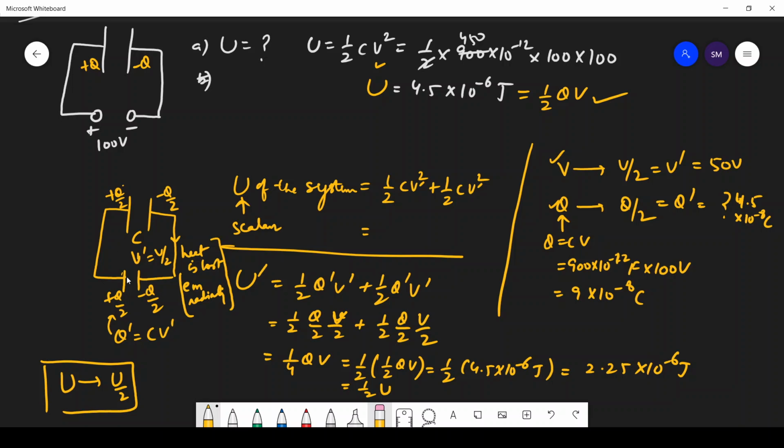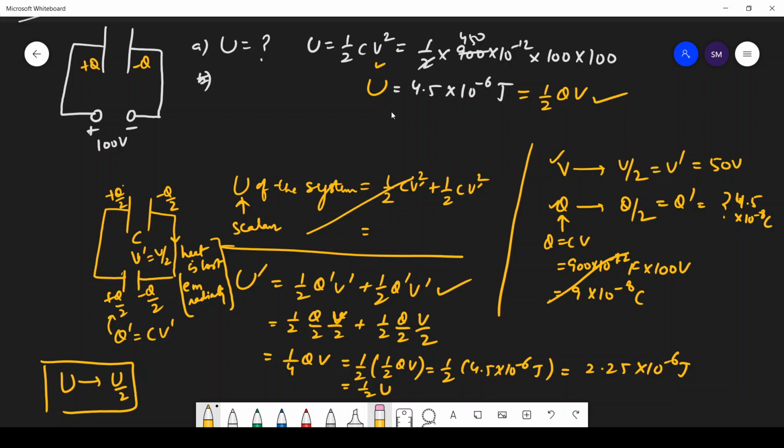So don't think that I have stored the energy in this capacitor, and now let me store half the energy in both the capacitors. No, the energy remaining here is 1 by 4 of the total and 1 by 4 of the total. So of the system, only half will remain. So students, this is all just for understanding, but for finding this solution you need not use this formula or this one even.